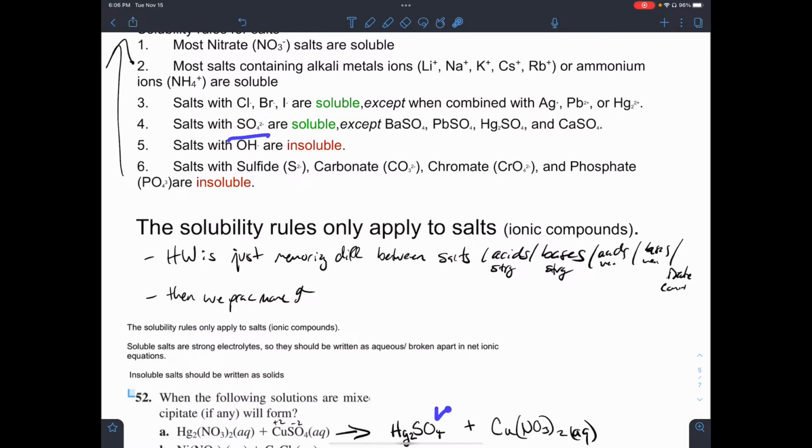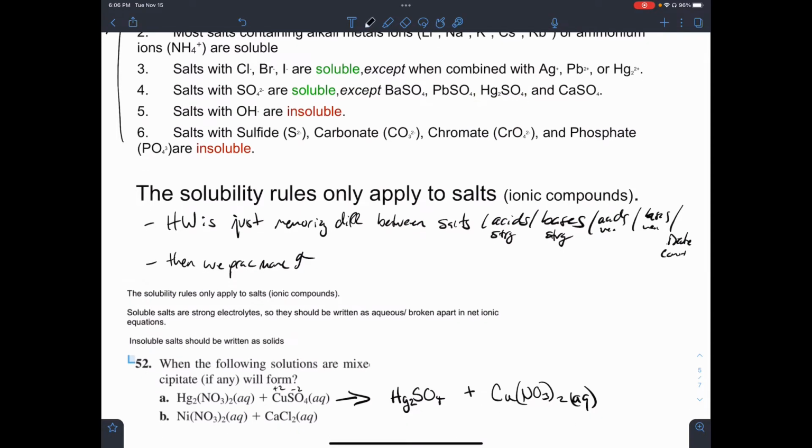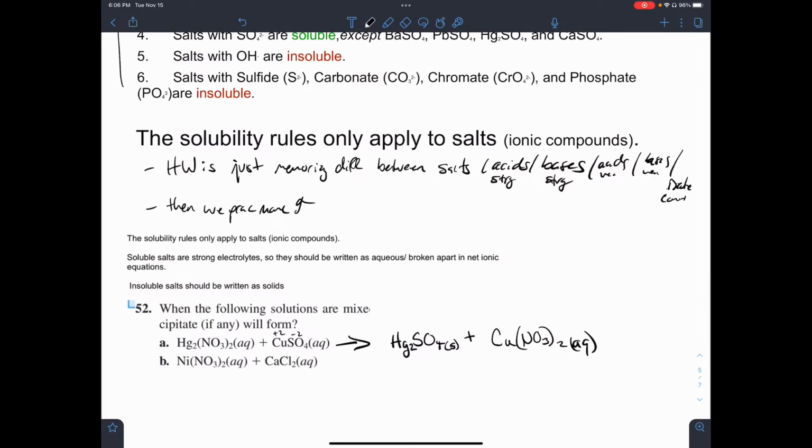Salts with sulfate, that's us, are soluble except for the following. Aha. So soluble except, which means this one is not soluble. It does not dissolve in water. When you mix it in solution, it will form a solid precipitate. So we put an S. That one's done. Next, we'll write the products.